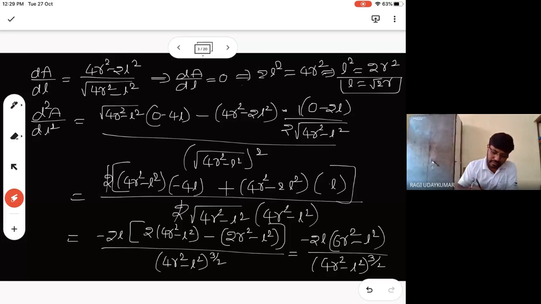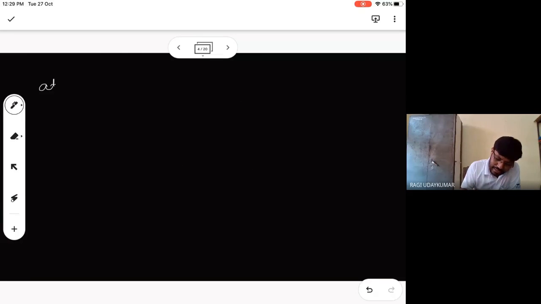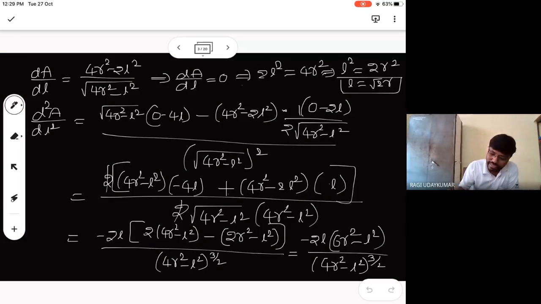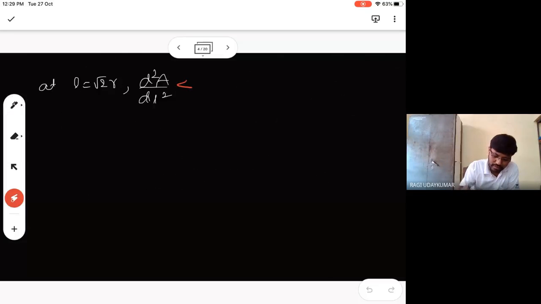So at L equal to root 2R, d square A by dL square is going to be negative, less than 0.